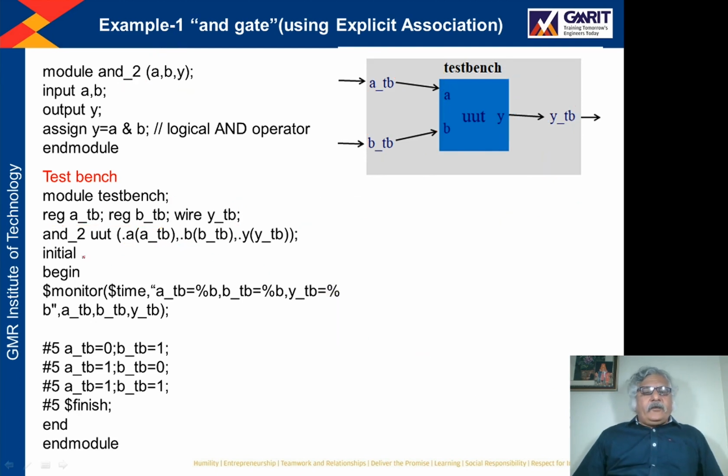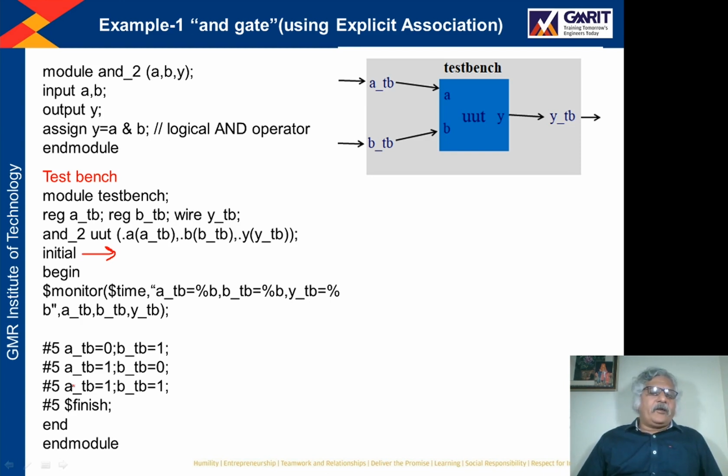Now after doing the instantiation, we have to use this keyword initial. This initial keyword indicates that whatever I am going to write after it are procedural statements, because these are written inside initial, and initial is one of the categories of procedural statement.